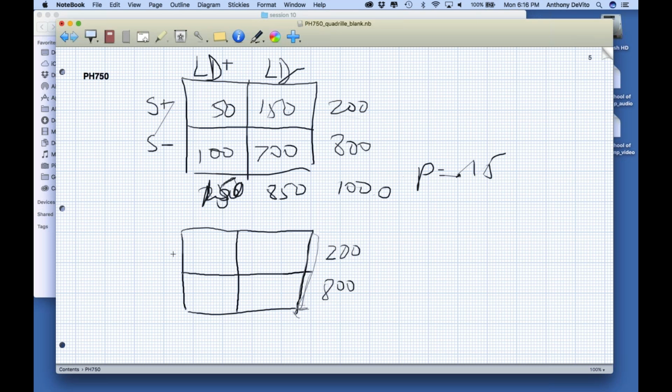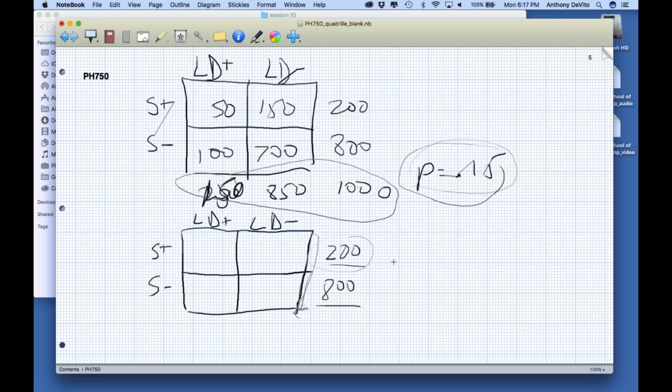So now I'm going to ask you, if the prevalence is 15% for the entire population, if there's no association between smoking and lung disease, I would expect smokers and non-smokers to get lung disease at the same rate. Both of them at the rate for the population, which is 15%, which we just figured out, right? So out of 200 people, how many people would I expect would get lung disease if 15% of them are going to get lung disease?